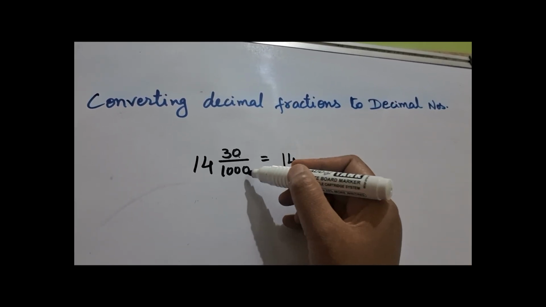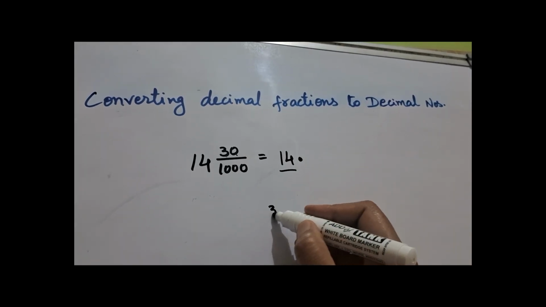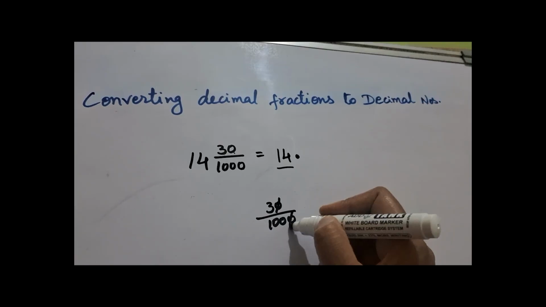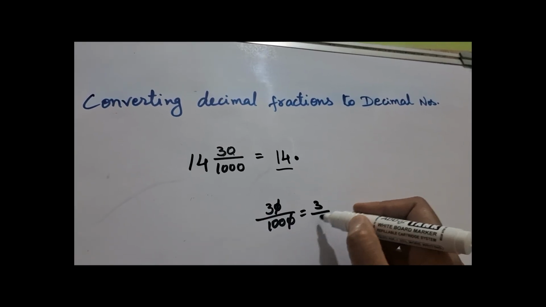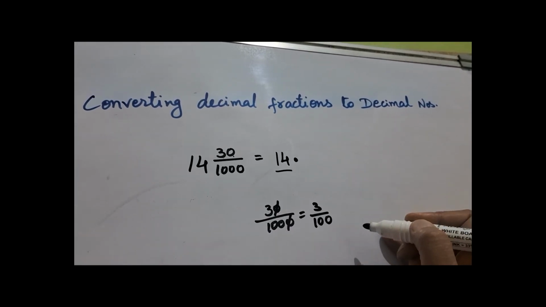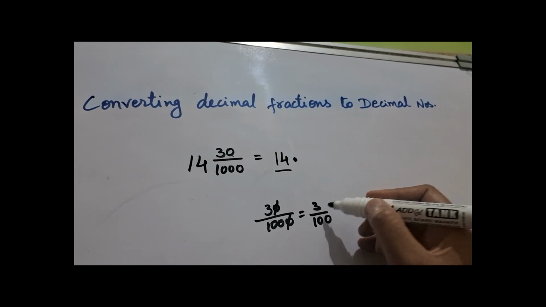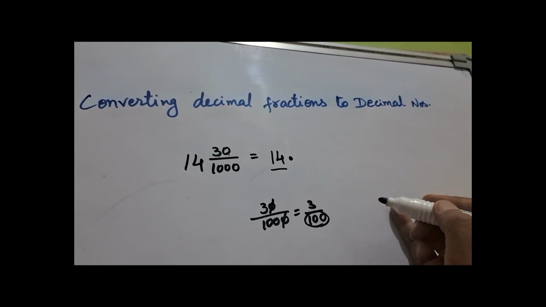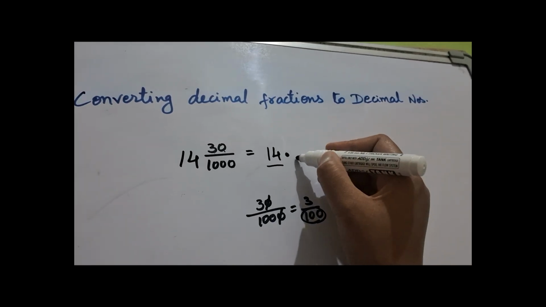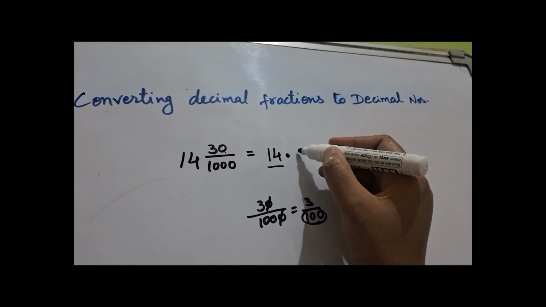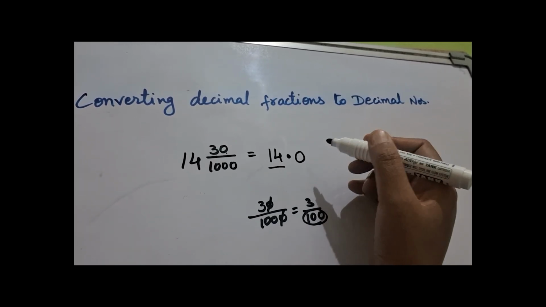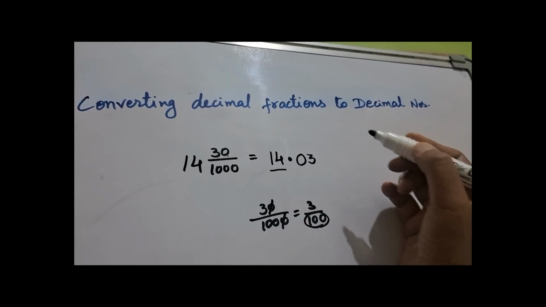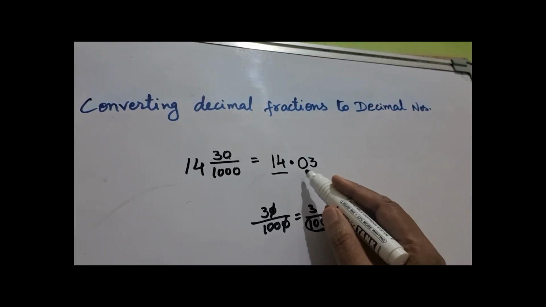Next, 30 out of 1000 can be written as what, children? 30 by 1000 can be written as 3 by 100. Okay, children. So this 3 is in which place, children? Hundredths place. That means the tenths place is missing. That means in the tenths place write 0, and in the hundredths place write 3. Okay, children. 14.03.